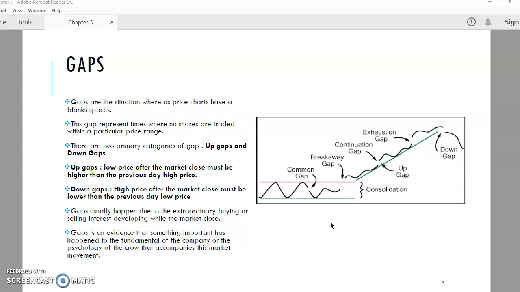Gaps also happen in a negative way. For example, if you still remember, I mentioned to you what happened to the market after the 2018 election, what happened to the market during COVID-19, and what happened to our Bursa Malaysia when the government issued the movement control order.